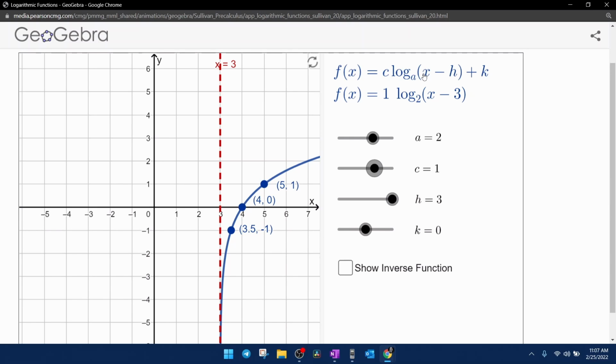Thinking back to our transformations that we've covered previously, we know that a negative directly in front of the x is a horizontal flip, which would make that graph open back to the left. If it did that, then the domain would be everything from -infinity up to the vertical asymptote.